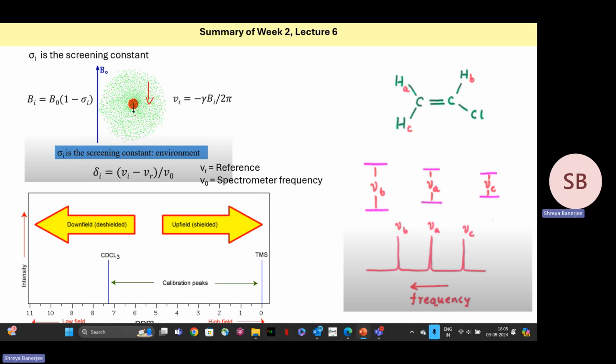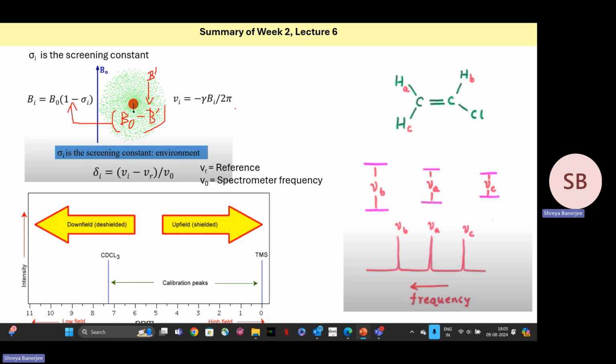So if I consider this B dash, the field induced in the electrons, the nucleus is actually experiencing a net field of B0 minus B dash. And this can be written in terms of the screening constant, this formula here. Now, the nucleus experiences a field less than the actual field that is applied.